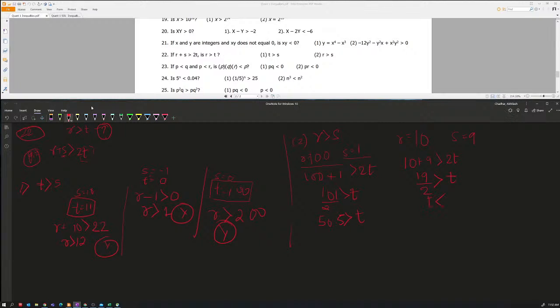So t is less than 9.5. Since t is less than 9.5 and r is equal to 10, t is less than r. That means r is greater than t. We get a yes answer here also.